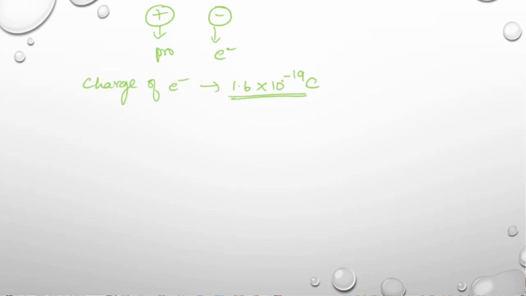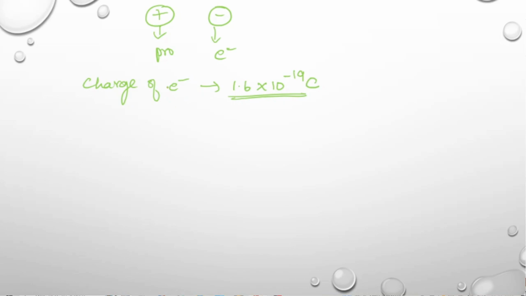If it is a positive charge, then we said it is a proton. Then a negative charge is an electron. So usually, what is the charge of an electron? That is very, very important. The charge of an electron is 1.6 into 10 power minus 19 Coulomb. Then what would be the charge of a proton?